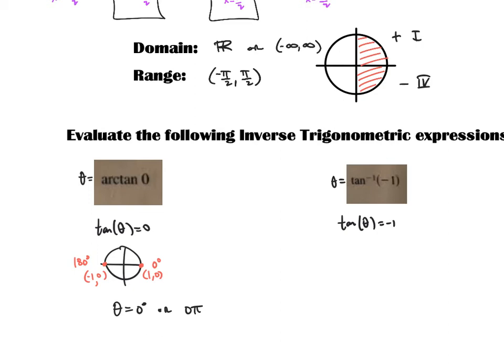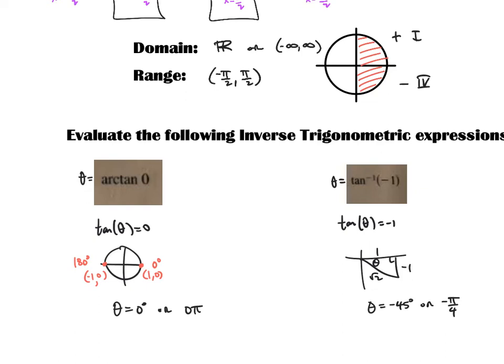So as we look at quadrant 4, the only way tangent can be negative 1 is if I have two legs on a triangle giving me an angle that would be what measure? Well, if I did Pythagorean theorem, I would get square root of 2 there, which tells me that theta would be negative 45 degrees, or negative pi over 4 radians.